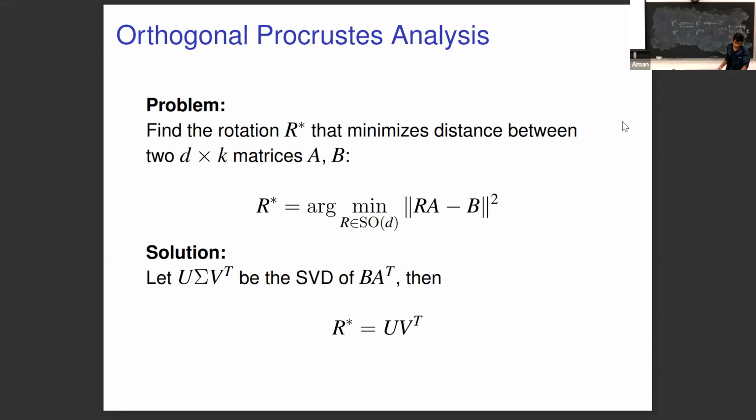And then when you finally remove rotation from this, what you will get is an S2 space, which is what the Kendall shape space is: an S2 sphere, for the case of triangles only.